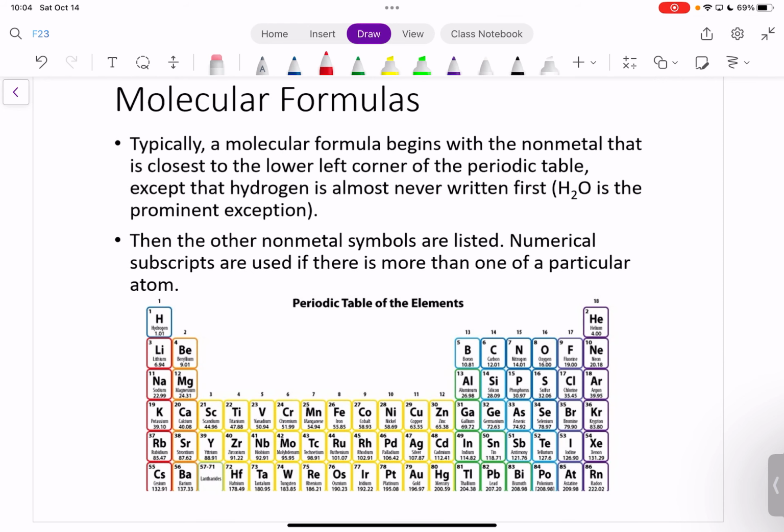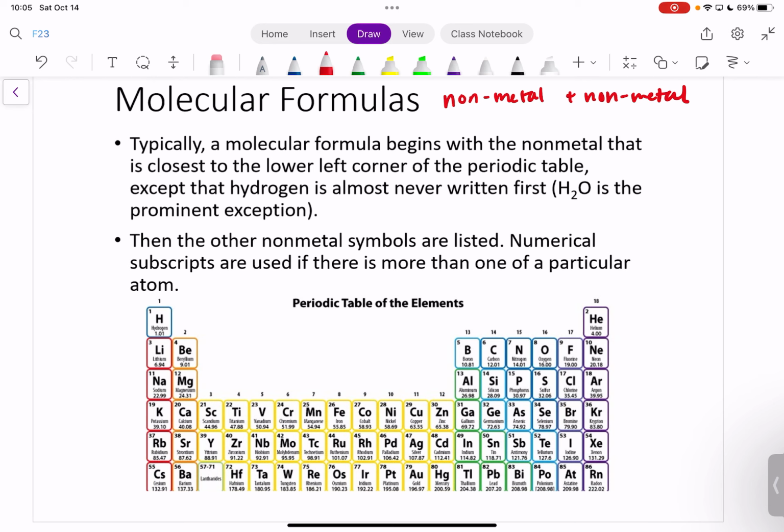All right, so then just like we had specific naming and a way of writing formulas for ionic compounds, molecular compounds also have some special rules. So remember that molecular compounds are between nonmetal plus nonmetal. Okay, so they're all nonmetals. If you have a metal in there, remember that's ionic. So all nonmetals for molecular or covalent compounds.